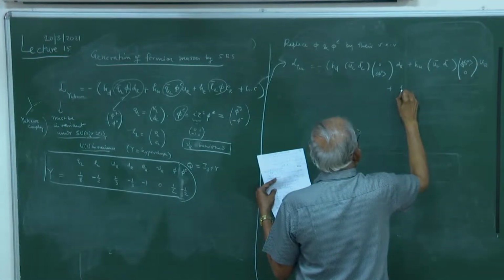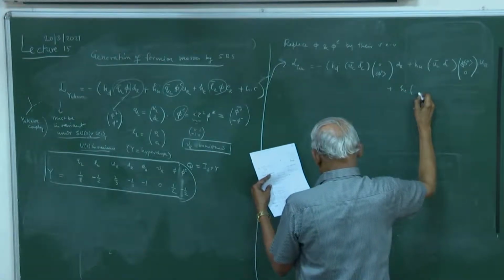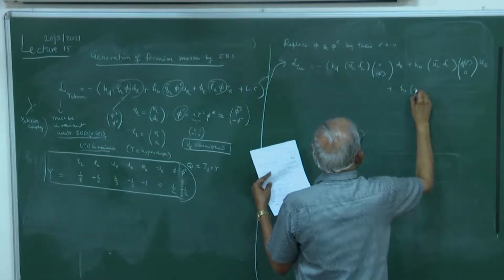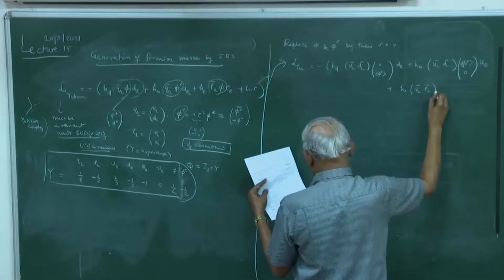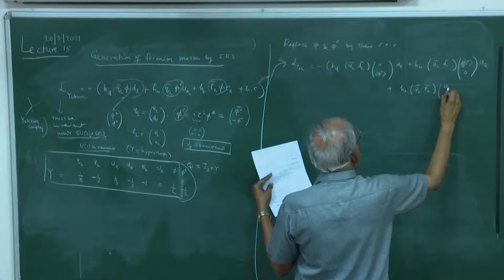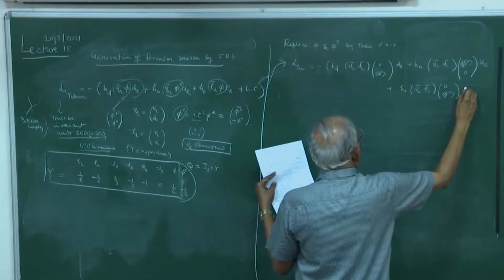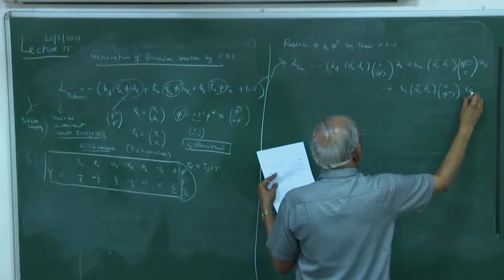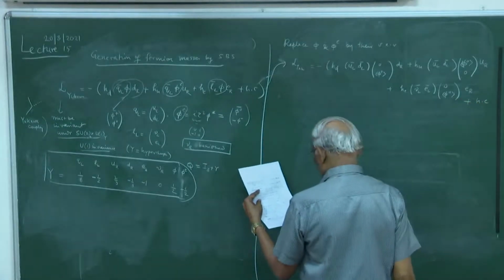Then HE, nu L bar eL bar, 0, phi 0 vacuum expectation value into eR, that is all, plus the Hermitian conjugate.